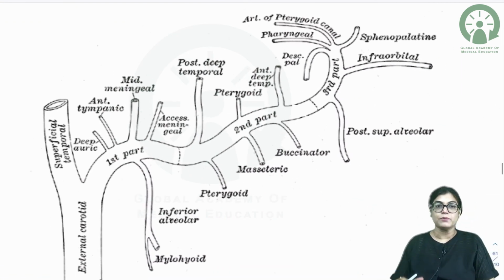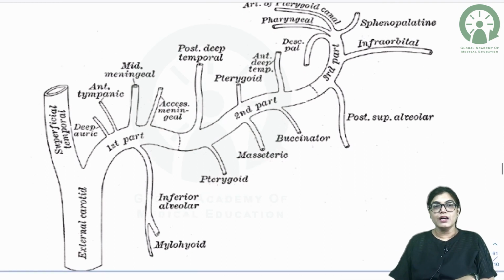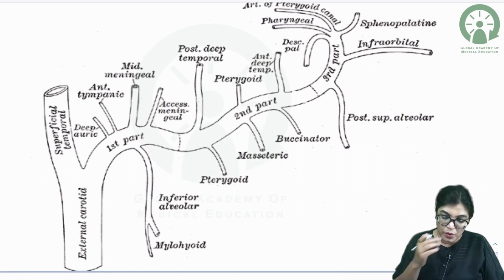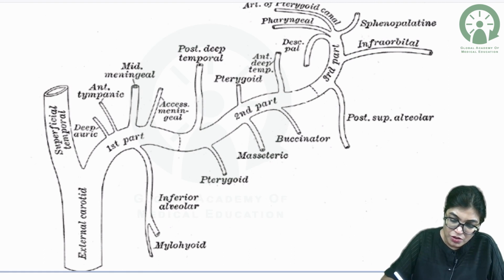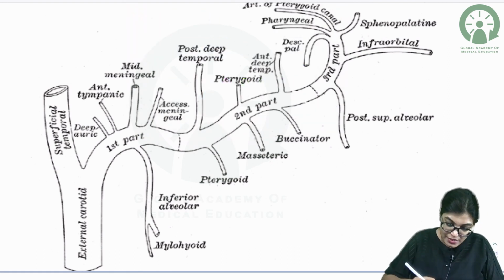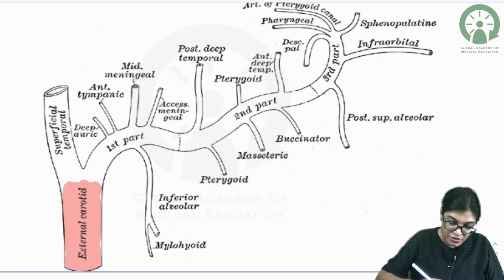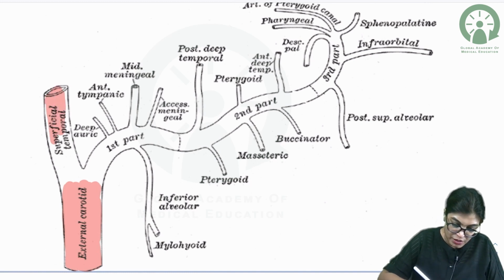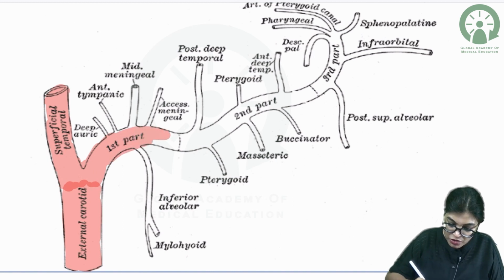Firstly, understand this image and I will write it for you. Don't worry. This shows the branches of the maxillary artery. You can clearly see this is the external carotid artery. You already know the external carotid artery has 2 terminal branches: one is the superficial temporal, and the other is the maxillary.